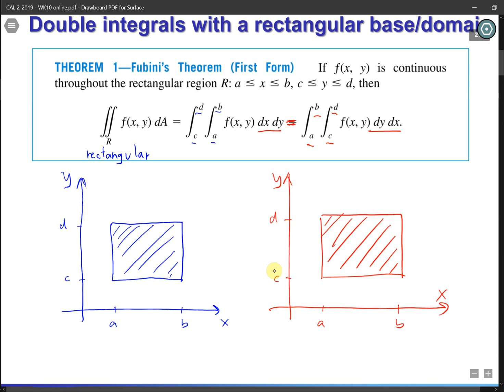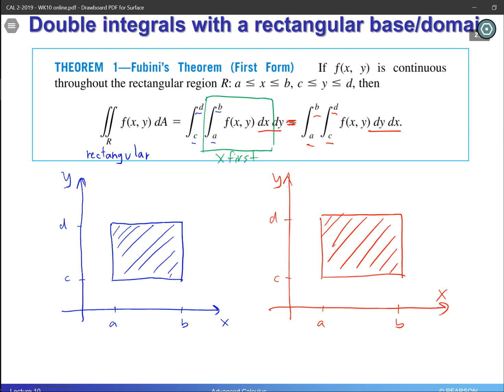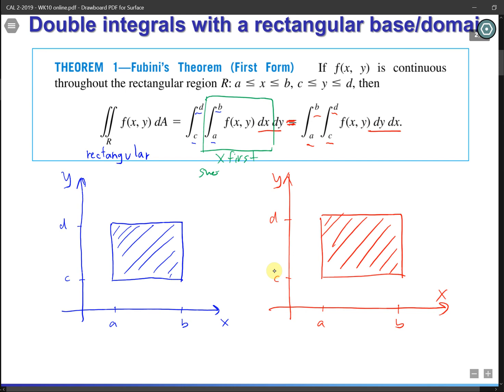I want you to pay attention to this. Looking at this, we integrate f, the function, with respect to x first. It means that we are going to combine all these x values. So basically we are going to sweep horizontally when it comes to the x-axis.